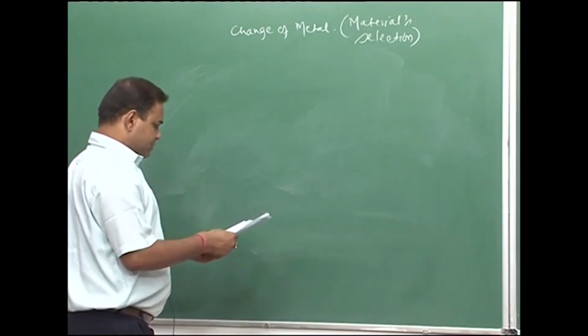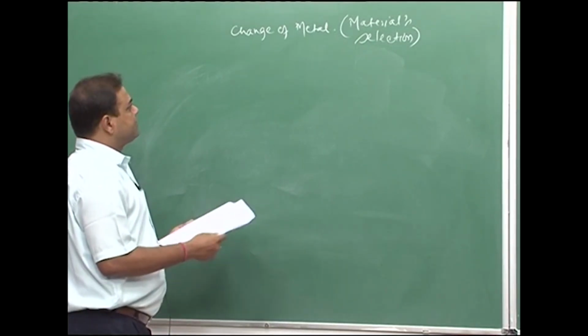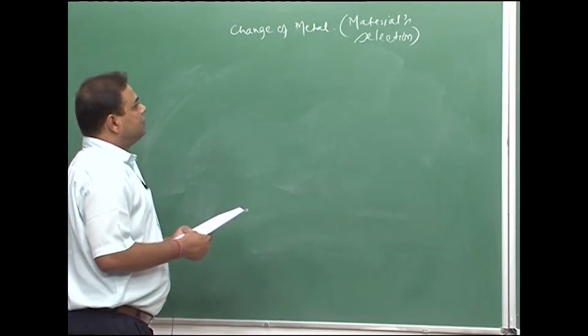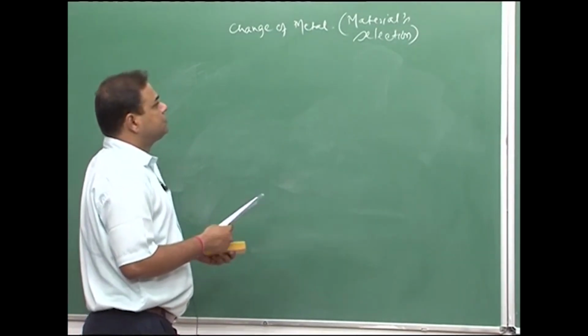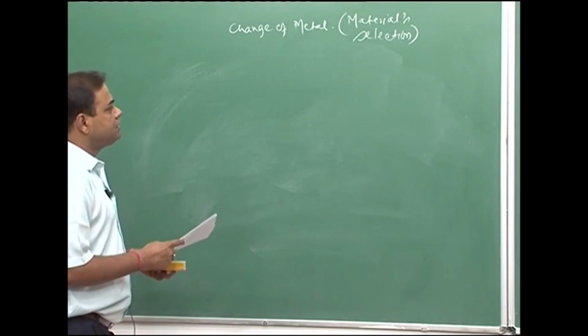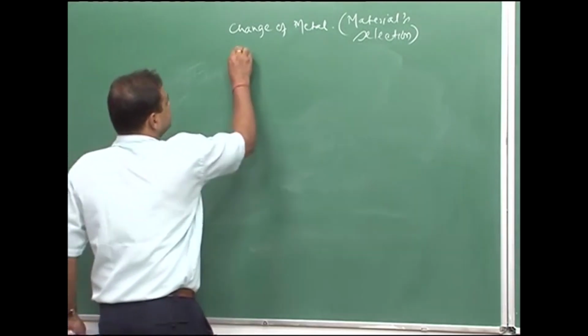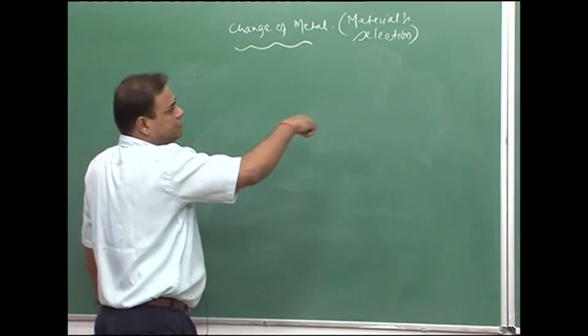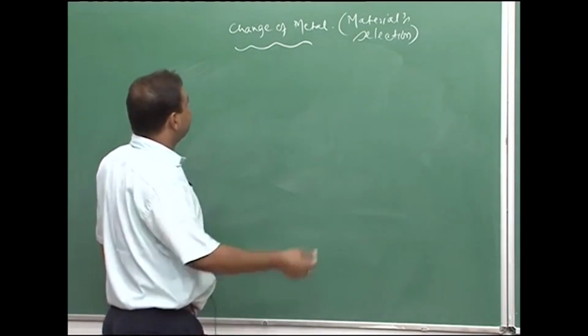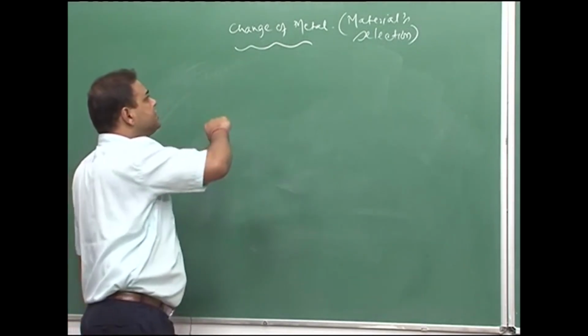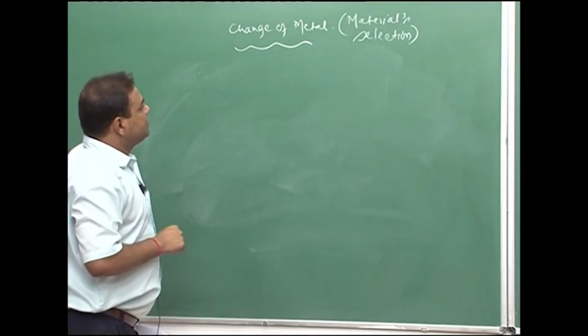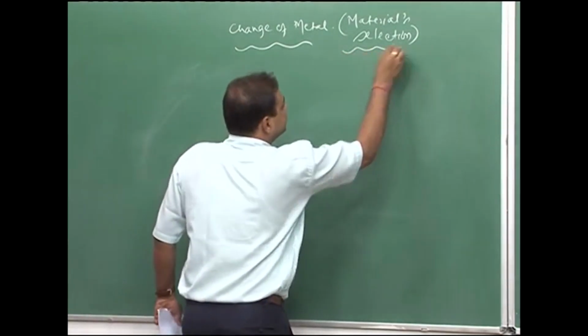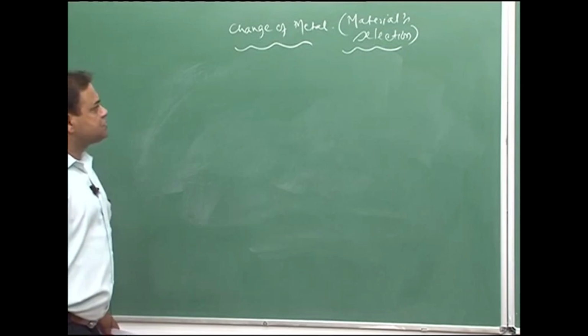Now, these are basically the 4 different ways by which you can have a better corrosion resistance in a particular material. This is regarding the change of metals and different ways we can introduce the change in the metal.